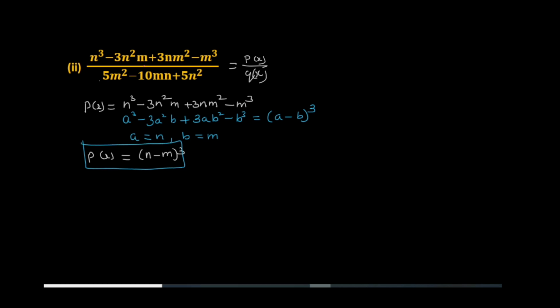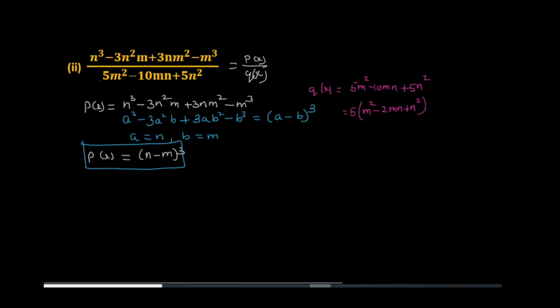Let's say the denominator is our q of x. Q of x is equal to 5m squared minus 10mn plus 5n squared. Since 5 is not a square number, take it outside: minus 2mn plus n squared.